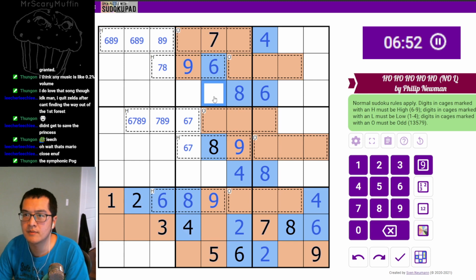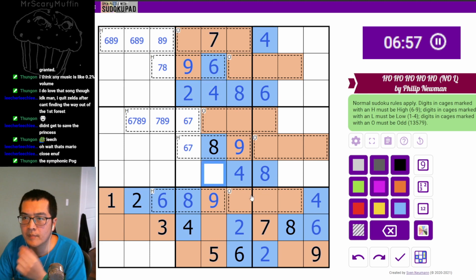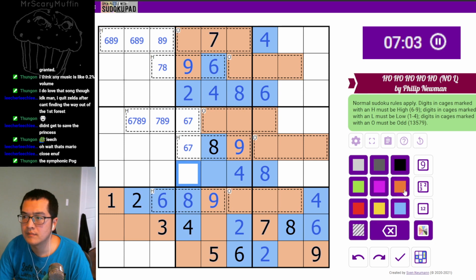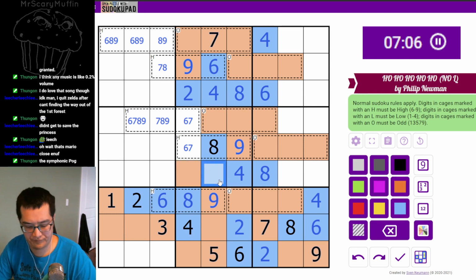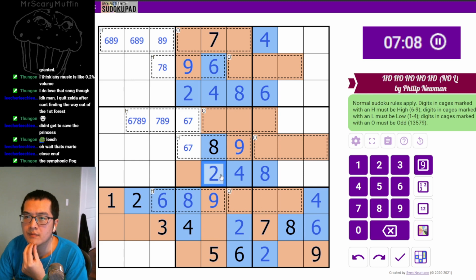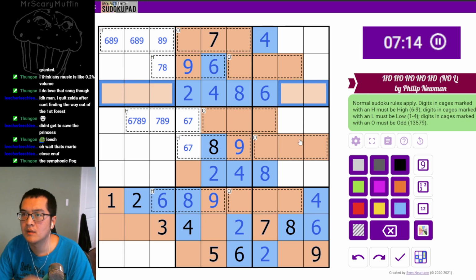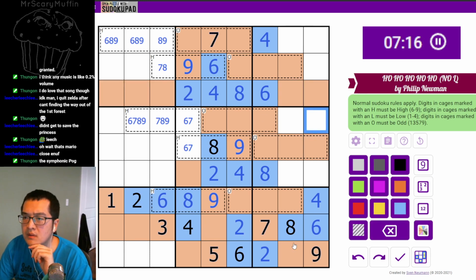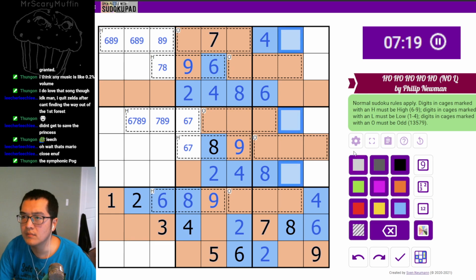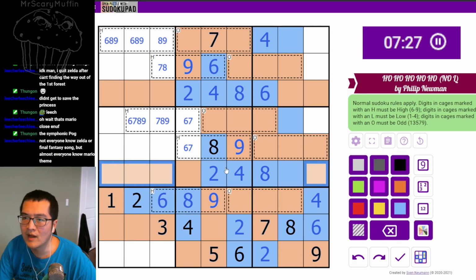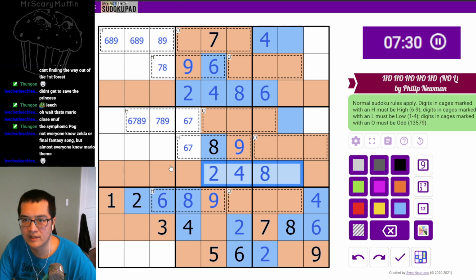Oh no, but the 4 is. Well, it's so weird that all the even numbers are all clumped up together like this. Normally that's not the case.